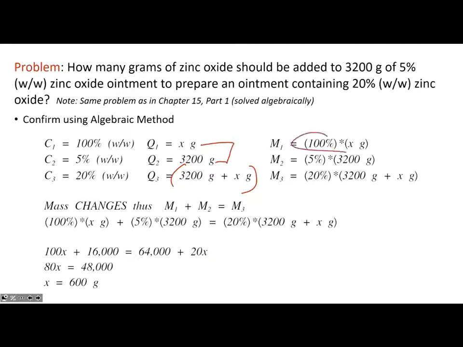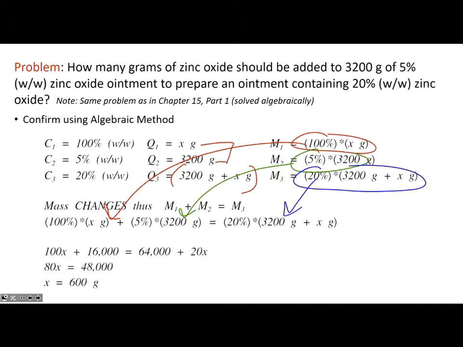Now let's just do some of the algebra. Again, here's my mass 1 over here. Here's my mass 2 over there. Those are what we're going to add up, and in the end, that's going to equal mass number 3. So if you do that math, 100 times X gives you 100X. 5 times 3,200 is 16,000. Set that equal to, now remember here to cross multiply the 20% times both of these values.